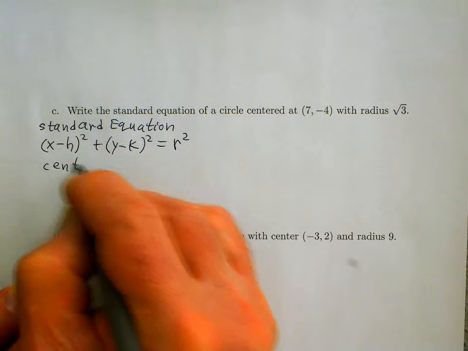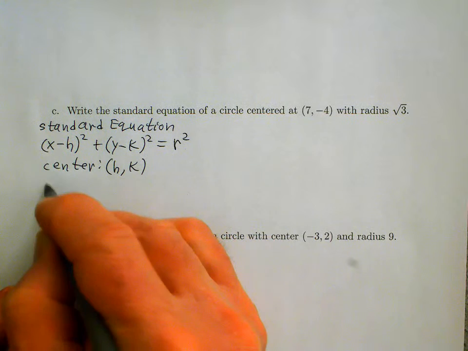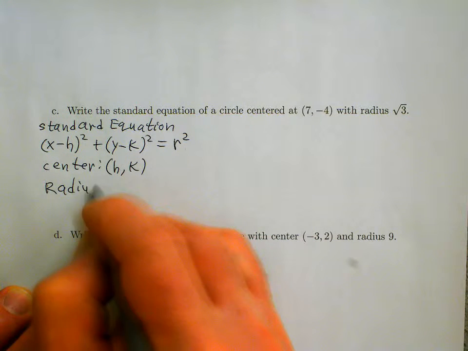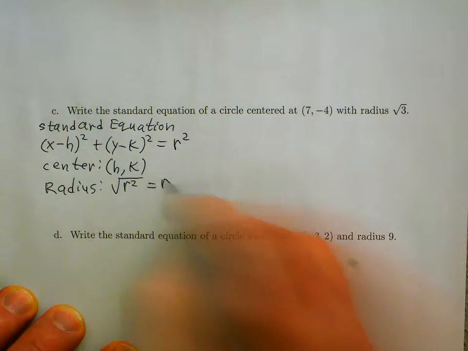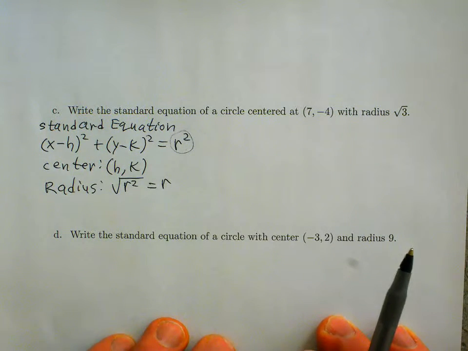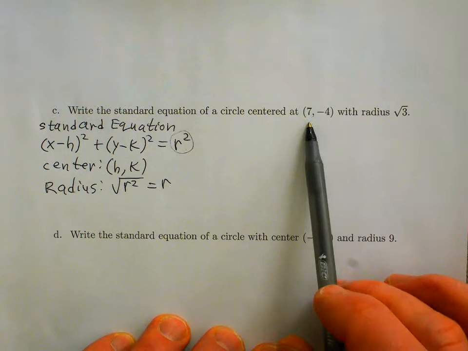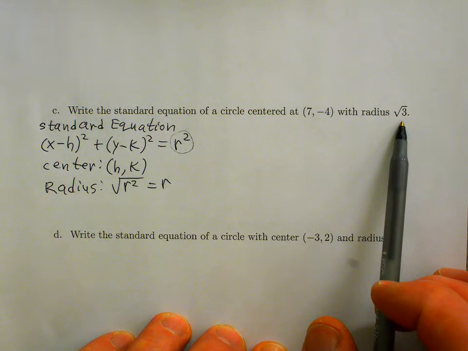So the center is the ordered pair h, k, and the radius is the square root of r squared. Take the square root of that number. Okay, so we're given the center, 7, negative 4, and the radius is the square root of 3.